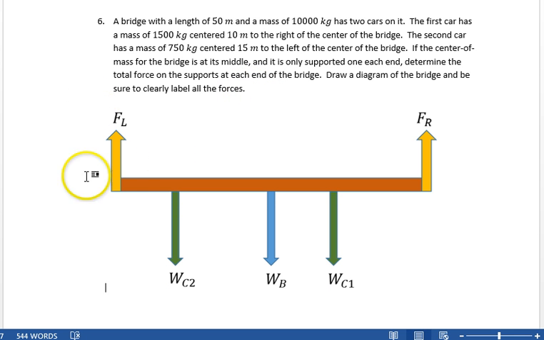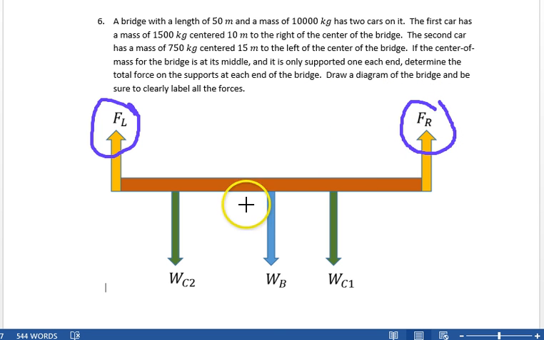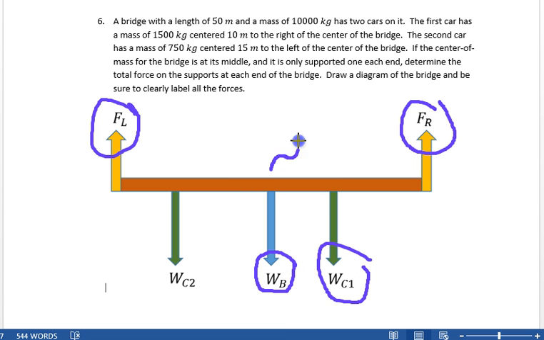So over here, this is the force from the left support on the bridge. This is the force from the right support on the bridge. This is the weight of the bridge. This is the weight of car 1, and it is 10 meters away from the middle.